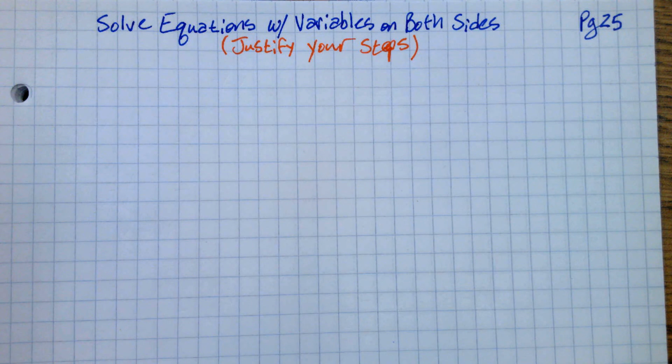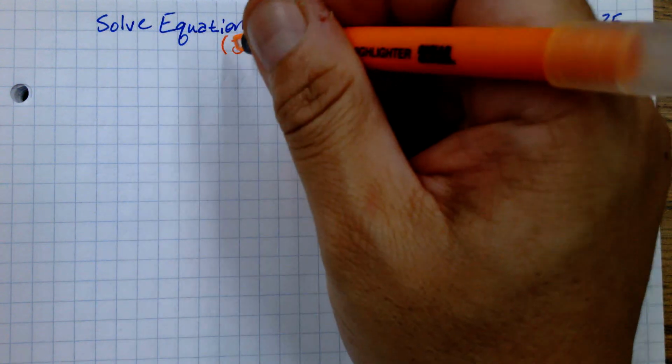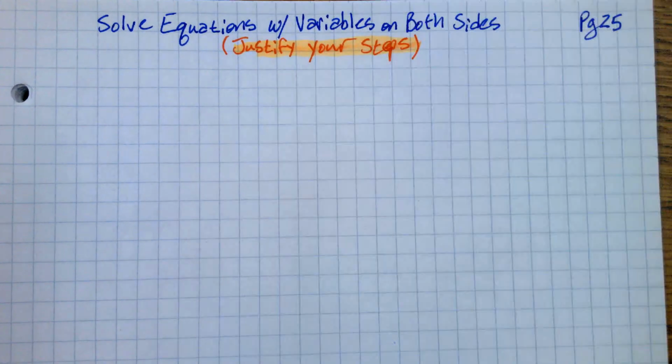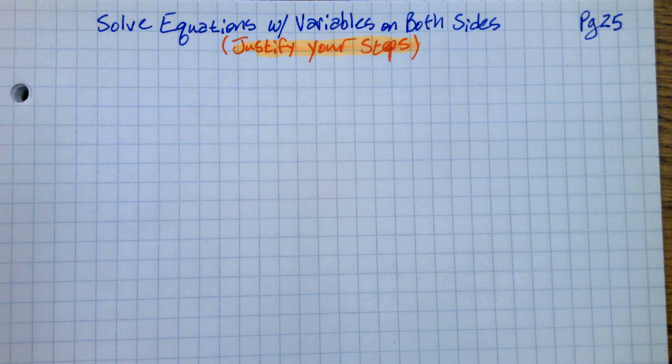So every step along the way, we're going to back it up. We're going to explain it. Like I said, if you follow the steps we did on page 22, then actually this isn't too bad.